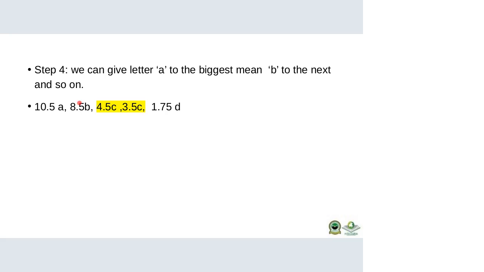We said A is the highest value, followed by B, but 4.5 and 3.5, that's A and B, they are the same in terms of strength. Much as they are the same, they are also higher than 1.75, which is D.